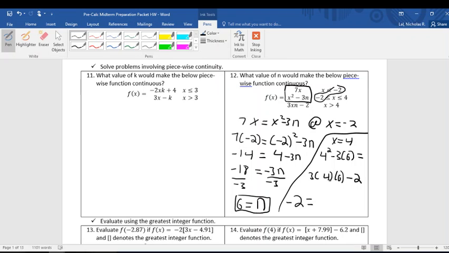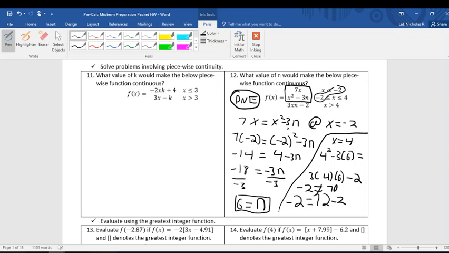So that would be 24 times 3 is 72 minus 2. Does negative 2 equal 72 minus 2? No. Negative 2 is not equal to 70. So a value of n does not exist.